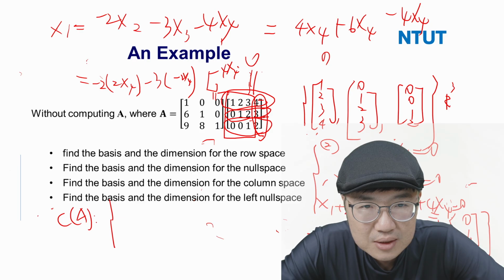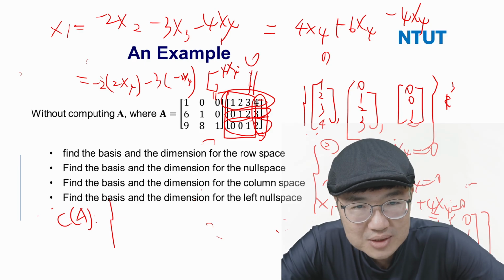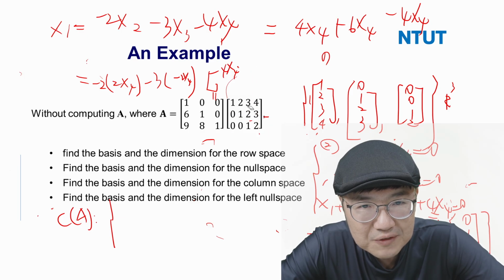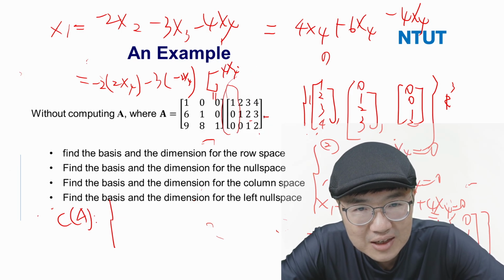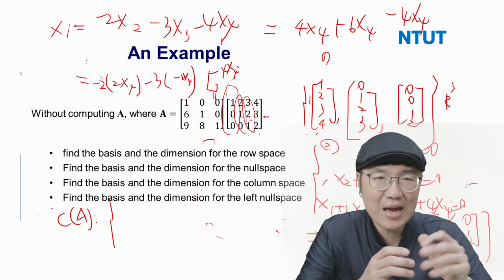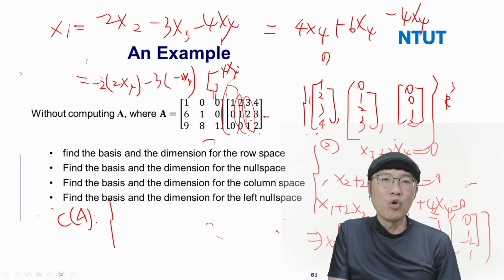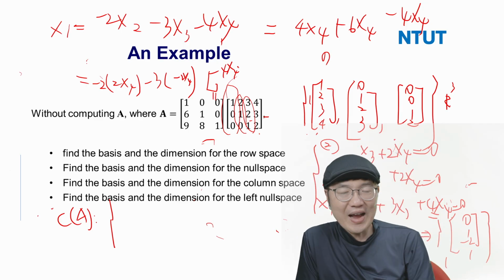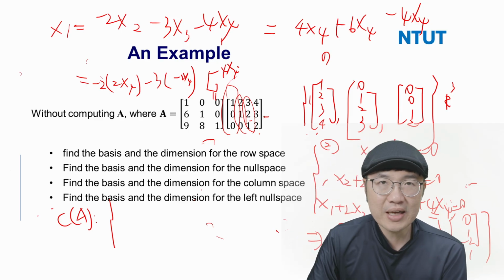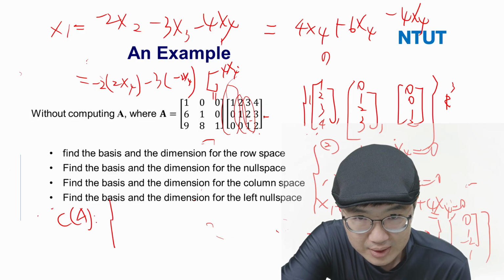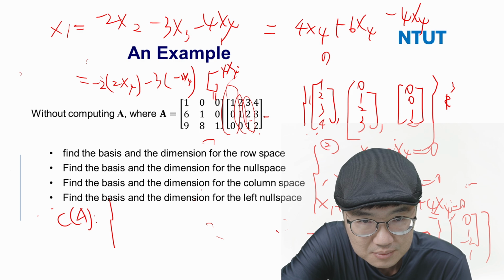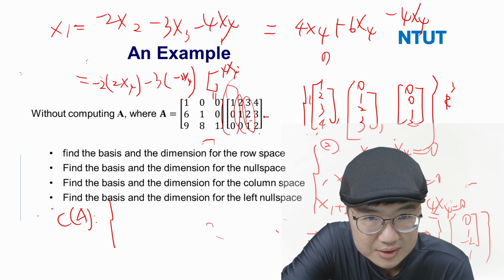is what? Can I simply put the independent columns in U? Because I just keep emphasizing that the independent columns in U tell us which columns are independent in A. We should trace back to A and find those columns, forming them as the basis in A. But there is a shortcut here.